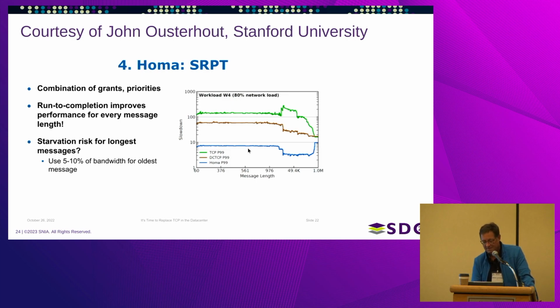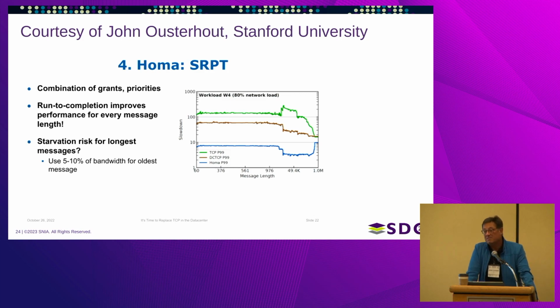So that's a bit more of a fair scheduling or use of the precious network resources, we think. It's been done by a combination of receiver-based congestion control, where you use grants and priorities in the switches, where the run-to-completion concept, rather than a big fat byte stream, improves the performance for every message, not just the large ones, but in particular the short ones, which we need for synchronization of processor nodes, okay?